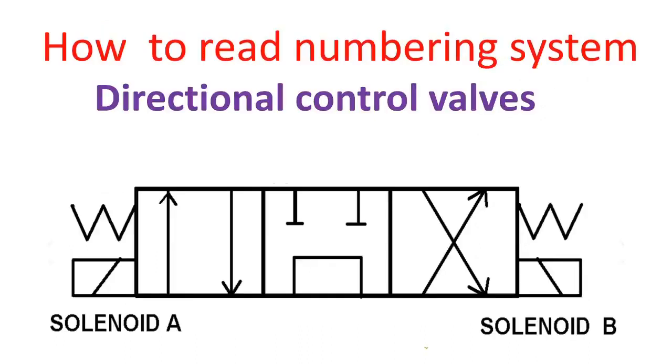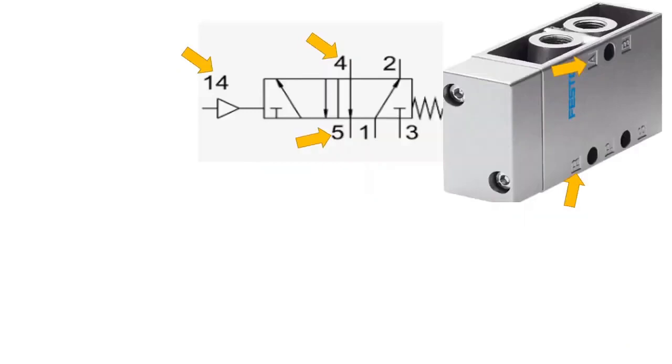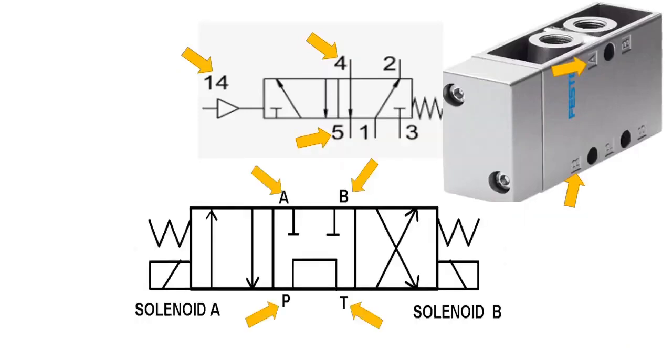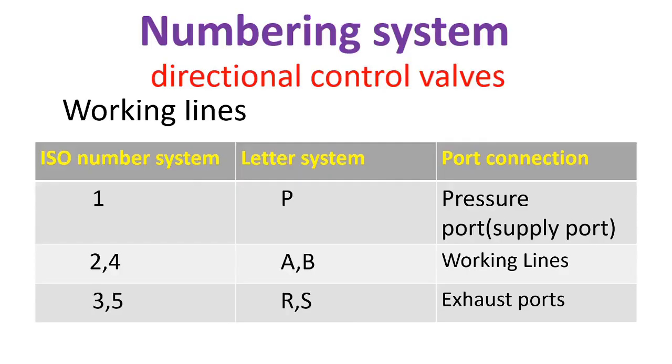Our next topic is how to read the numbering system of directional control valves. If your directional control valve uses numbers or letters for its port designations, here's the equivalent for the numbers and letters. For number 1 and letter P, that is the pressure port or supply port. For numbers 2 and 4, or A and B, those are working lines.